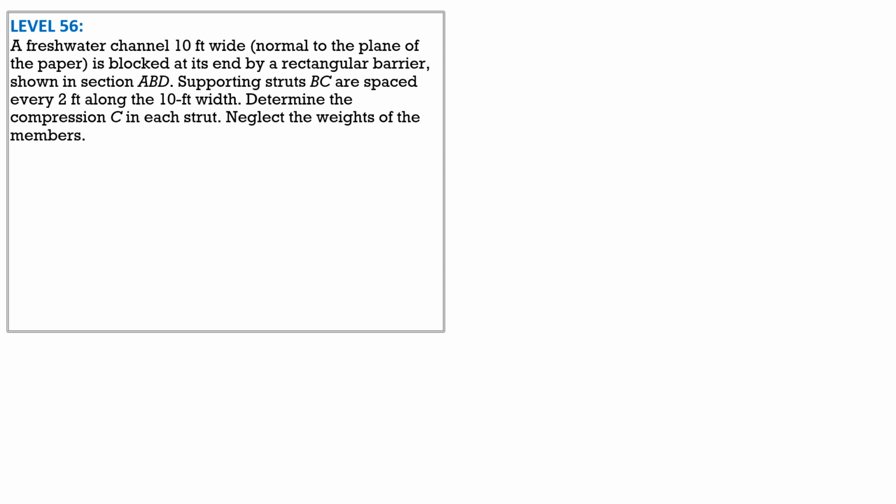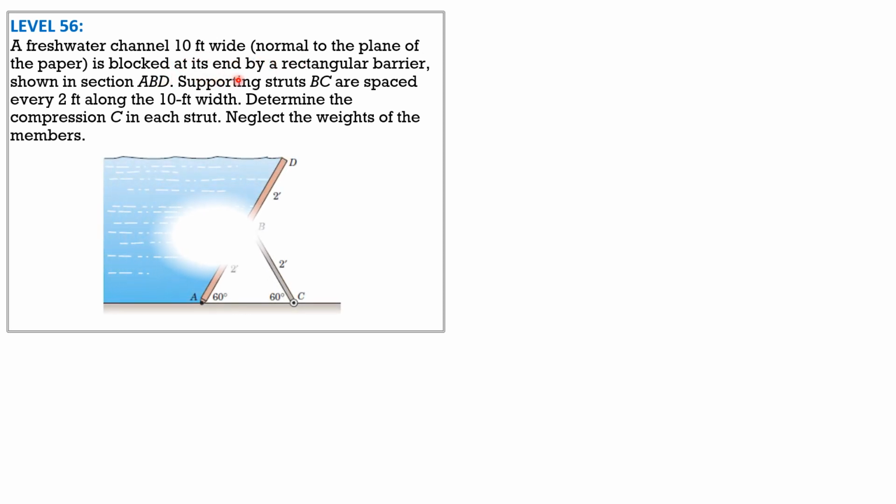Level 56. A freshwater channel 10 feet wide, normal to the plane of the paper, is blocked at its end by a rectangular barrier shown in section ABD. Supporting struts BC are spaced every 2 feet.